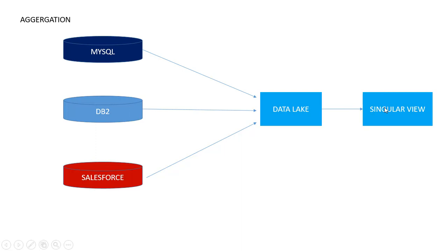And this data came from different systems. This is said to be many-to-one. It's the opposite of the previous one: one-to-many is the opposite of broadcast.